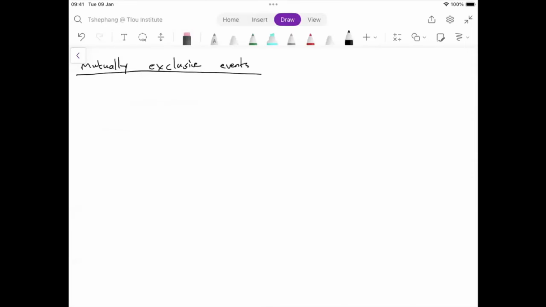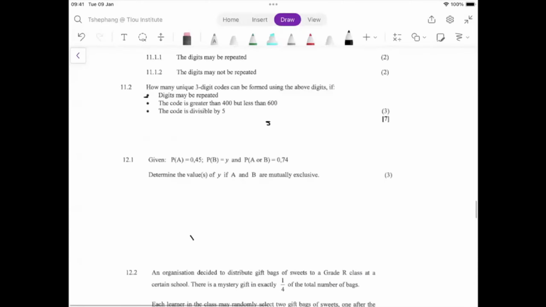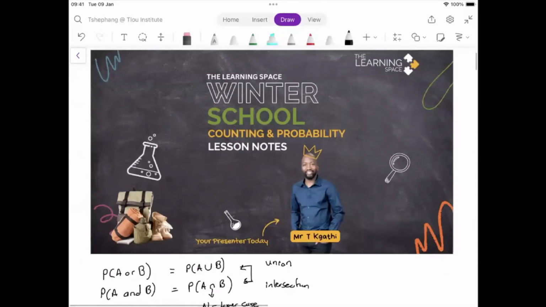Okay, so there is another question. Please give an example for A, given that B has occurred. Now, let's think of it this way. At the moment, schools are closed.